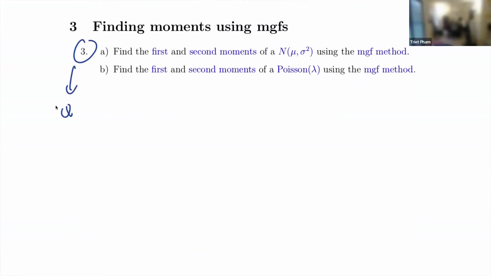For the quiz, do both parts, but just do the first moment. You don't have to find the second moment through the MGF method. Any question before we take a break? Okay. All right. Let's continue at 7:05.